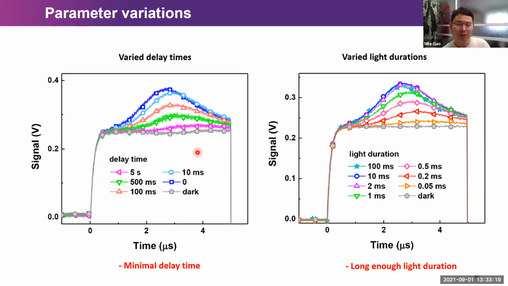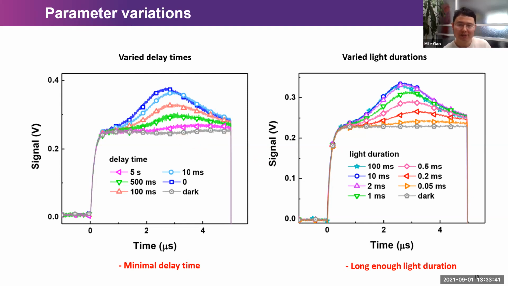From the left figure, we can see that the magnitude of the signal decreased with increasing delay time. This is reasonable given that increasing the delay time increases the probability of recombination and leakage of the photo-generated charges.